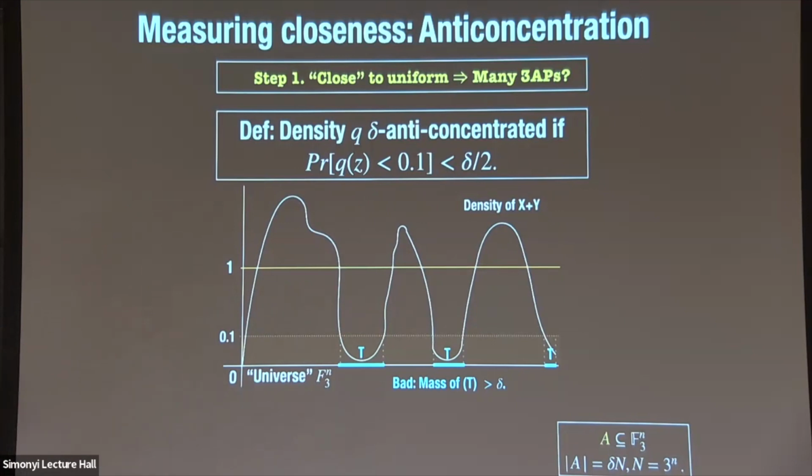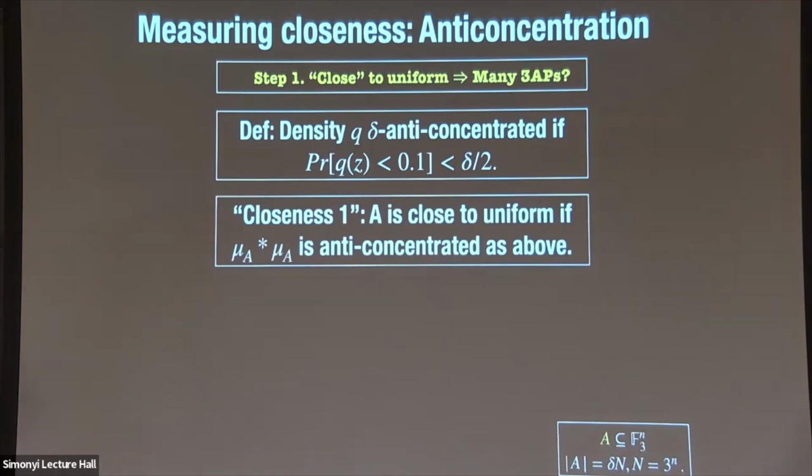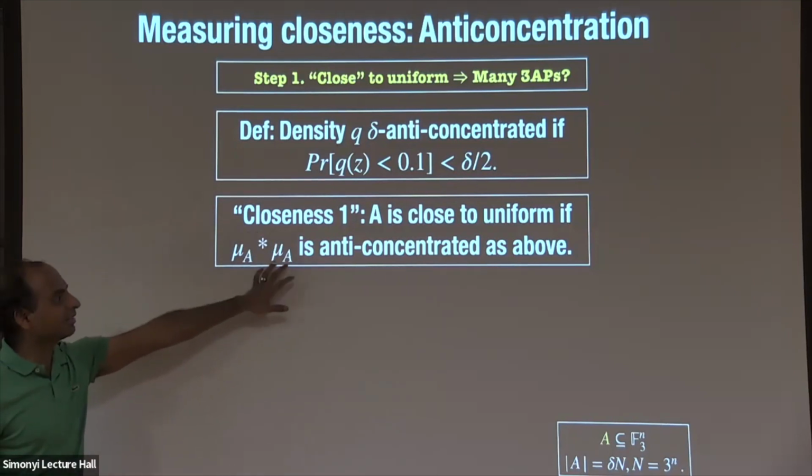I'm just going to say anti-concentrated for this parameter; we're not going to change the delta throughout. So the first notion of closeness that we're going to study, in our win-win analysis, is that A is close to uniform if A convolved with itself is anti-concentrated in the above sense. We want the density of A convolved with itself to be anti-concentrated.